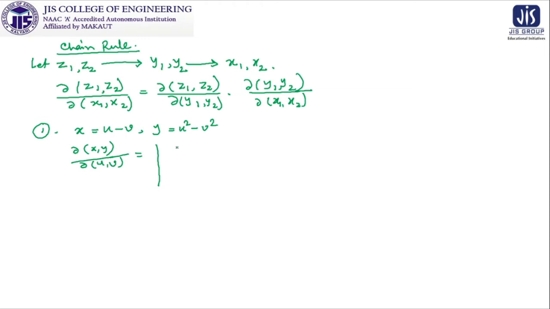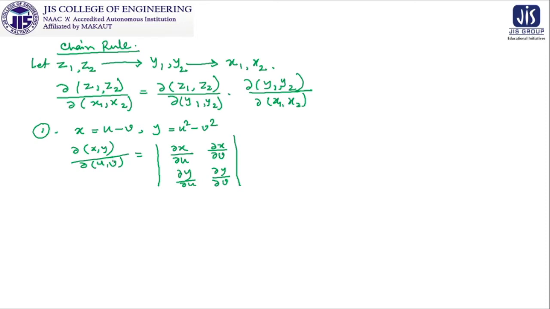Jacobian will be the determinant of del x del u, del x del v, and the remaining thing will be del y del u, del y del v. So we need these four quantities to get the value of the Jacobian.